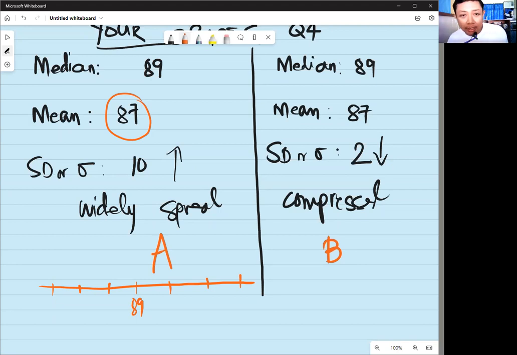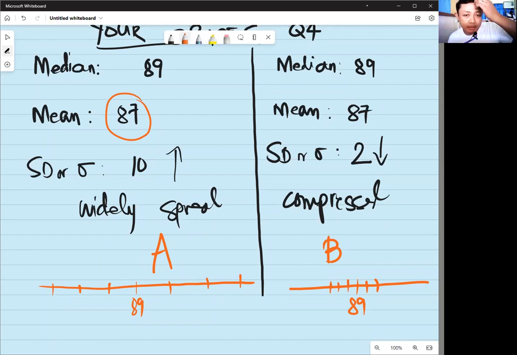While for the group B or the B grade naman, it's more compressed. Meaning, if this is your median, and the standard deviation is below 2 or more compressed, it's possible that your grades are just around this corner.